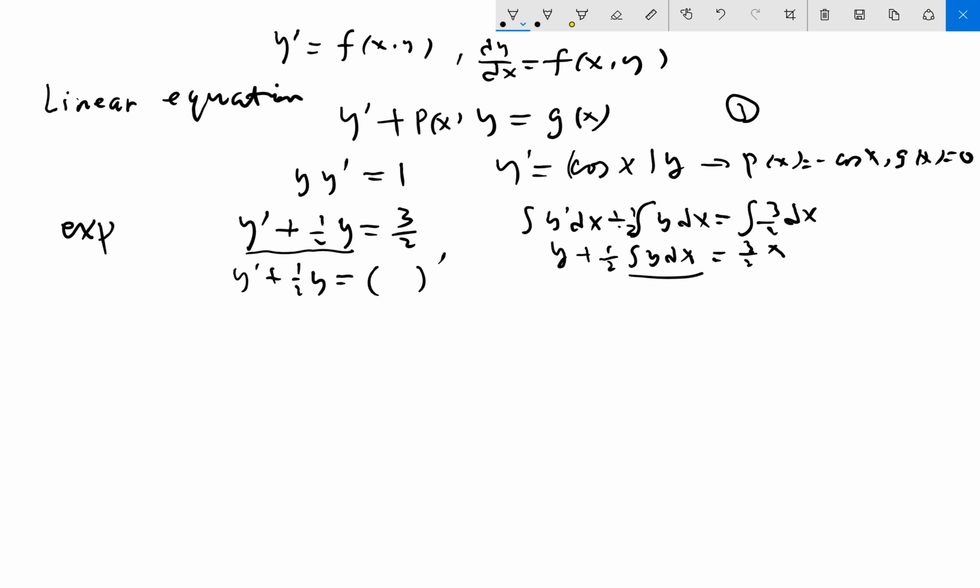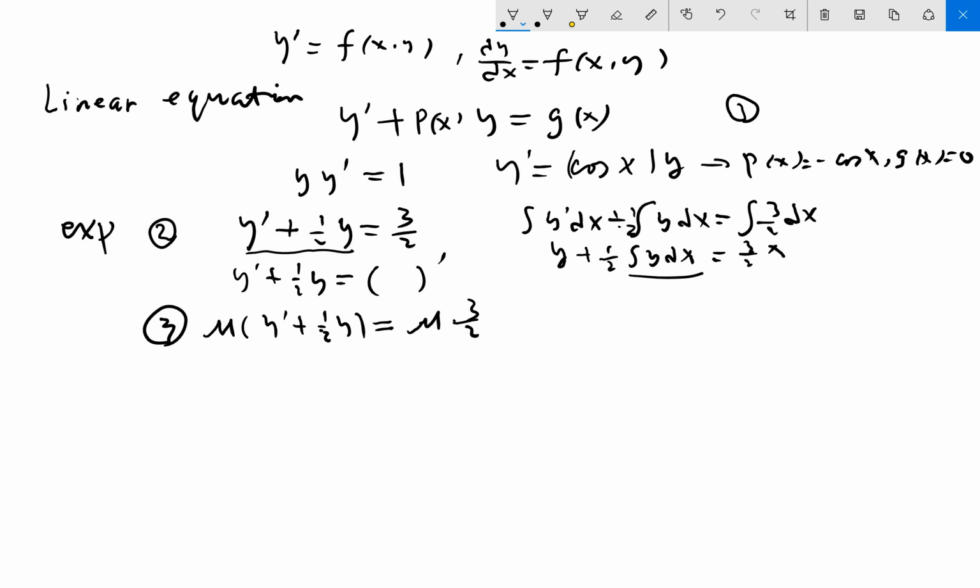However, if we change this equation a little bit by multiplying the whole equation by something we call an integrating factor, mu, where mu is a function of x, giving mu times 3/2 on the right. If mu is non-zero, then equation 2 and equation 3 will have the same solution. We don't want to change the solution.